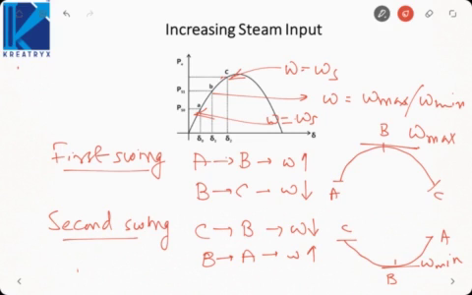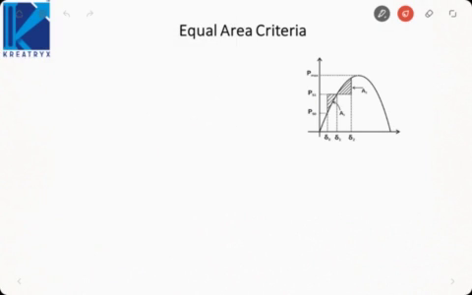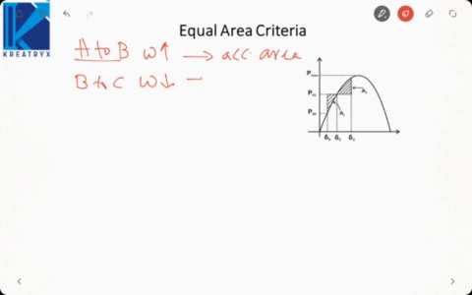Now let us consider how to apply the equal area criteria to this problem. If you see, when we were going from A to B, speed was increasing, so the area is called the accelerating area. And when speed is reducing from B to C, we will call it the decelerating area because speed was reducing.